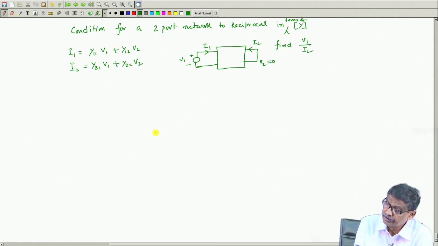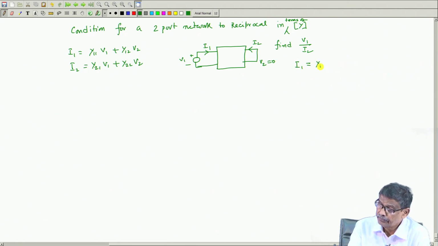Therefore, these two fundamental equations give you I 1 is equal to y 1 1 V 1 with V 2 equal to 0. This is one equation, and from the second equation you will get I 2 is equal to y 2 1 V 1, with V 2 equal to 0.